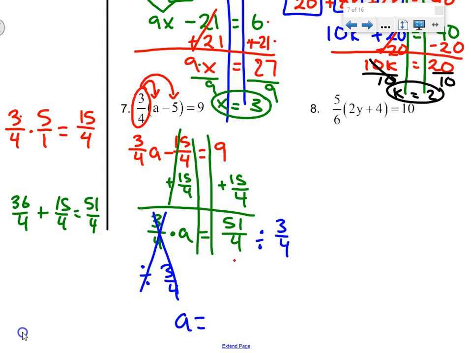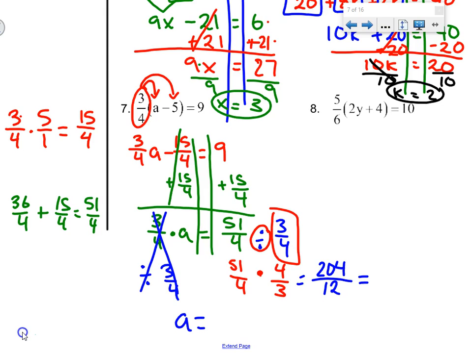So remember, with division, it's keep, change to multiplication, and then flip your fraction to 4 over 3. And if we do 51 times 4, we get 204, and then 4 times 3 is 12. And then 204 divided by 12 would be 17. So our answer here would be a equals 17.